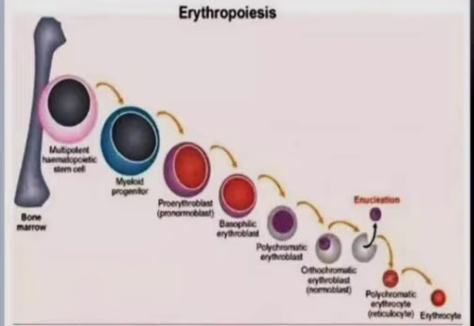The nucleus is lost at this stage. So you can see here that the nucleus is lost. So autochromatic erythroblasts have no nucleus. This is the stage where the cell lost its nucleus.